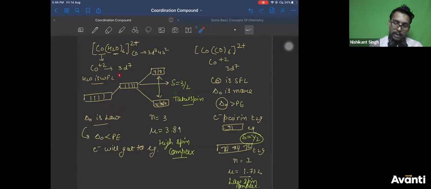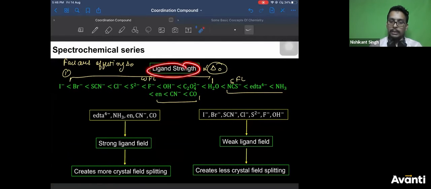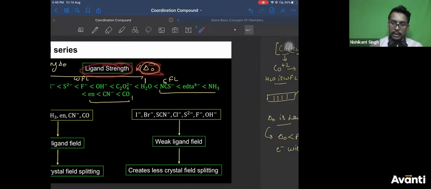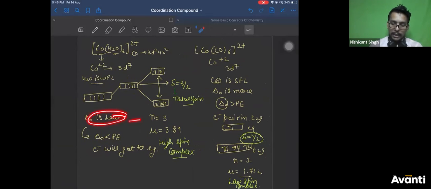If the ligand is weak, then delta O will be less, because ligand strength is directly proportional to delta O. Weak ligand, less delta O. Delta O is less, that means the energy gap between T2G and EG is less. So electrons can easily jump to EG. Therefore, the filling was 1, 2, 3, 4, 5, 6, 7. This was the filling.